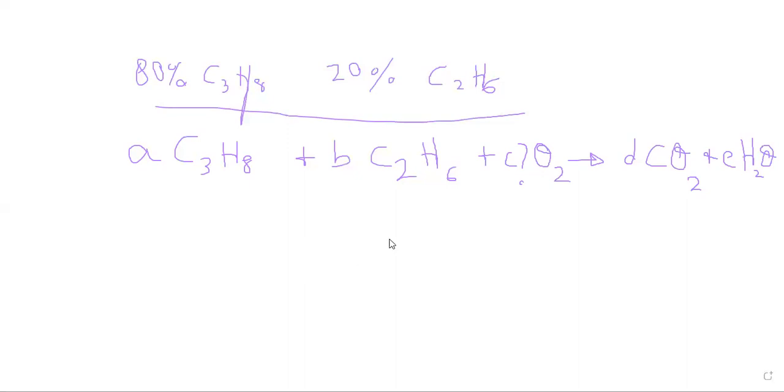So first, whatever the technique you use, the method is always the same. It is the conservation of the mass of elements. The number of C on this side should be equal to the number of C on the other side. Same for H, same for O. As for which element we start with, you should always start with the elements that are present in just one molecule on each side.